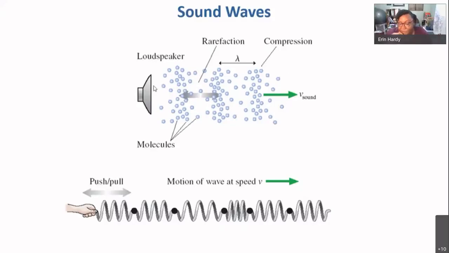Imagine that instead of a tuning fork, you have a loudspeaker that's going to just move backward and forward, like the speaker cone, really, that's going to move back and forth. As a result of that motion, the air molecules in this imaginary space are going to either end up pushed closer than they were before the sound was generated, or spread further than they were.